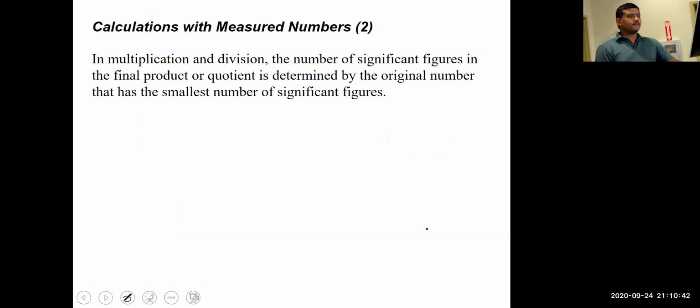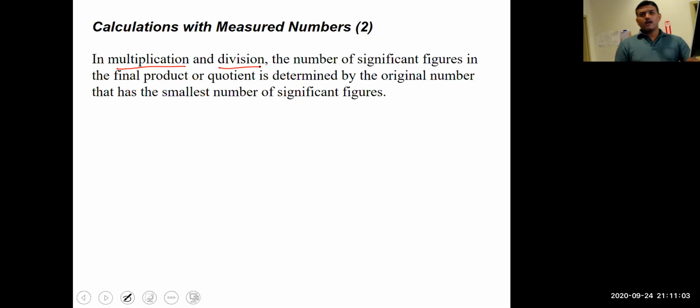All right. So let's discuss the case of multiplication or division. When you do multiplication or division using significant numbers, you have a different rule than what we just used for addition and subtraction.